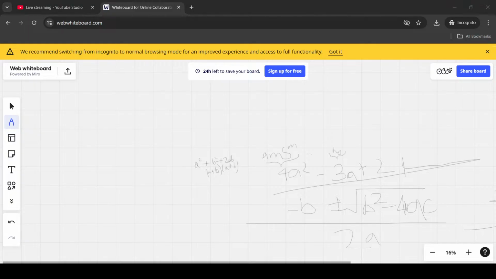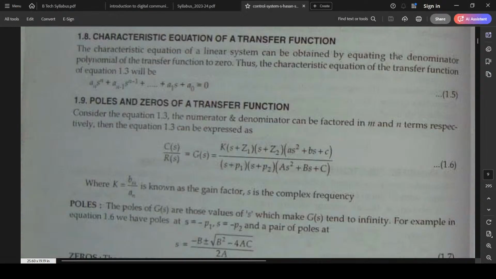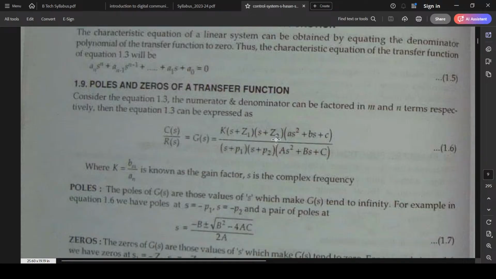So the numerator gets reduced to k, that is a constant, (s plus z1)(s plus z2)(a square plus bs plus c), the last three terms will be a square plus bs plus c, and (s plus p1)(s plus p2)(capital A square plus capital B s plus capital C).